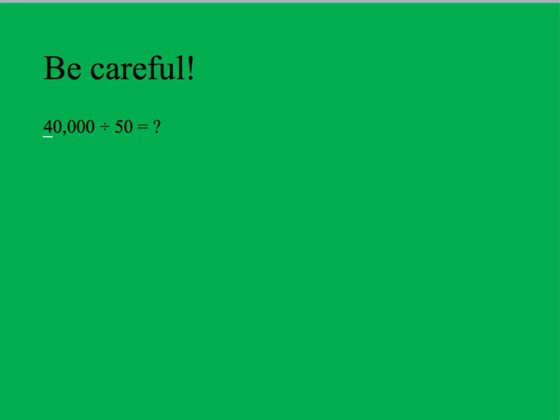So I have 4 and I have 5. Well, I know that 5 can't divide evenly into 4, so we're going to move over a little bit more. And we're going to see that I have 40 divided by 5, which I know is going to come out evenly because 40 is a multiple of 5. So when I do this basic fact here, I see that I get 8.